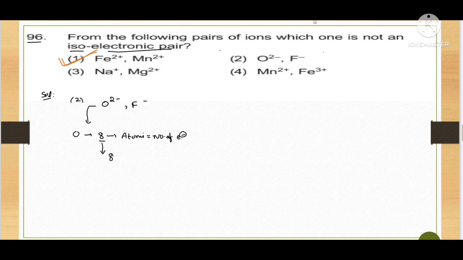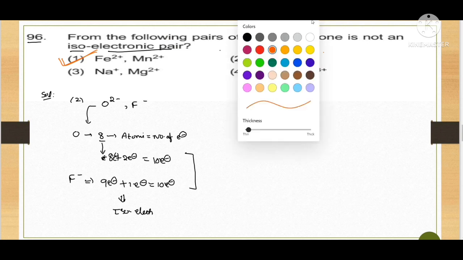That's why it has 8 electrons. Here the negative charge 2- means addition of 2 electrons, so 8 electrons plus 2 electrons becomes 10 electrons. For F-, we know that the atomic number of fluorine is 9. That means 9 electrons plus the negative charge means addition of 1 electron, and it becomes 10 electrons. Here O2- and F- are an isoelectronic pair, because both have the same number of electrons.